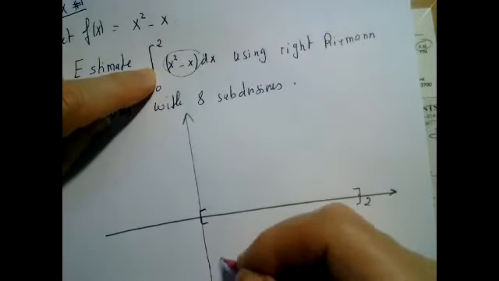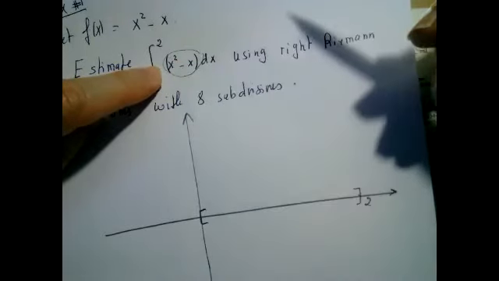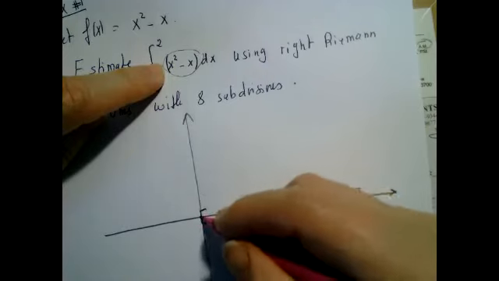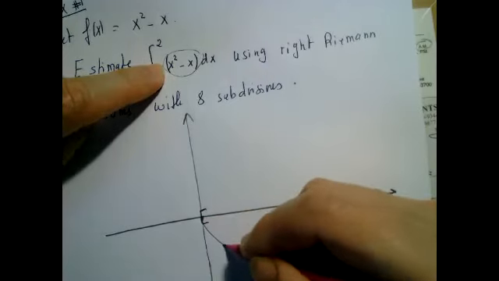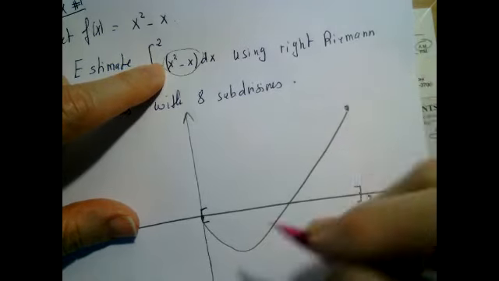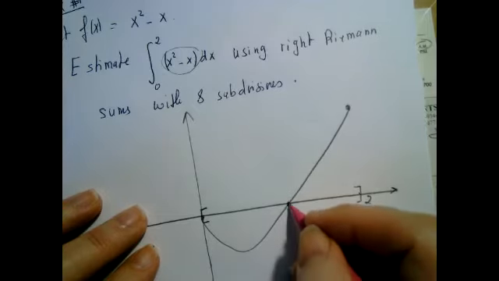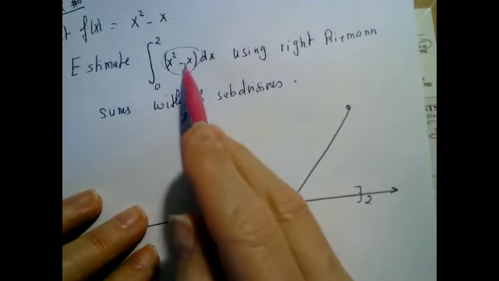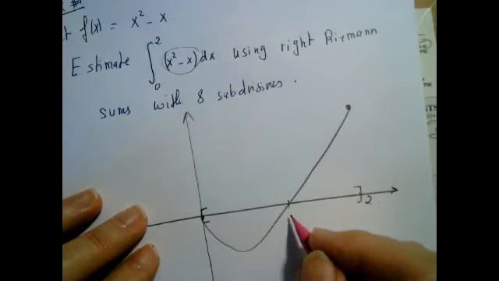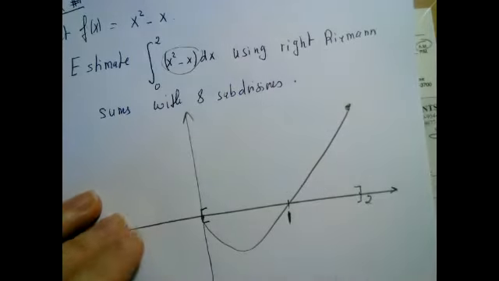If I draw it, that's a parabola going up. At 0, I am at 0, and x squared minus x equals 0 again at 1. So that's the graph of my function. It's negative, and then it is positive.